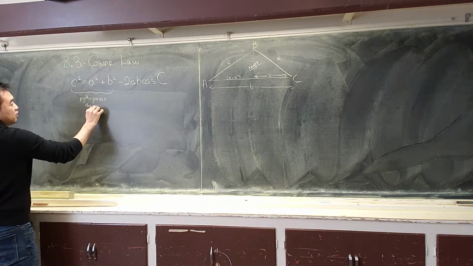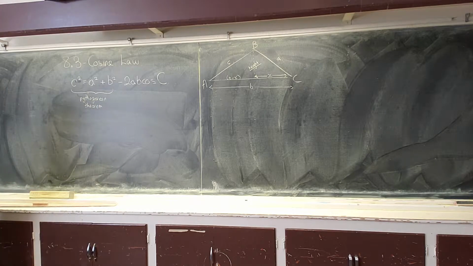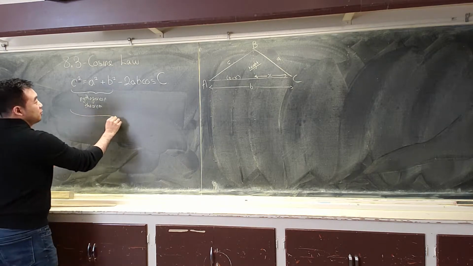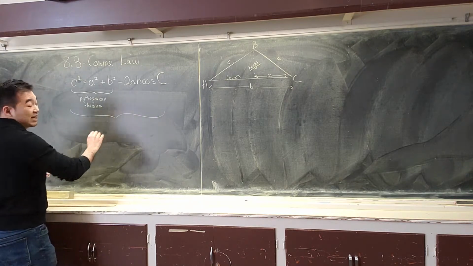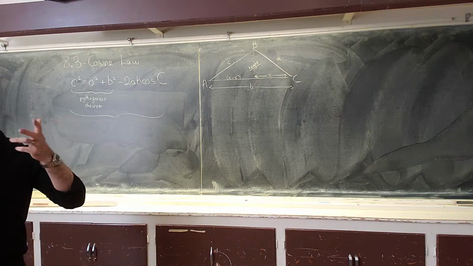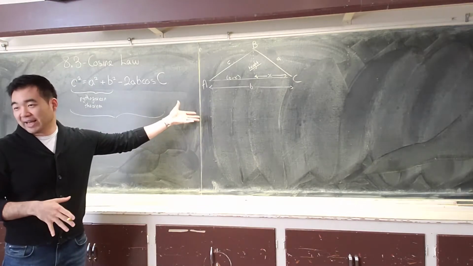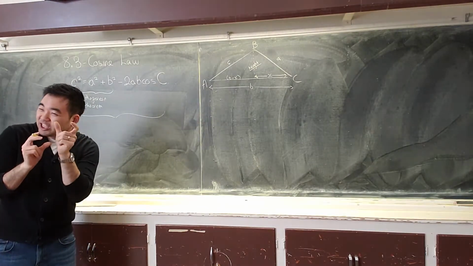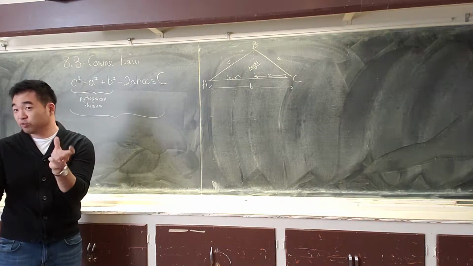Long story short, the cosine law is Pythagorean theorem, but next level. It's the Pythagorean theorem plus a little extra bit. Because after all, what kind of triangle do you use Pythagorean theorem with? Right angles. This is not a right angle. So we need a little extra adjustment to the Pythagorean theorem. With me?